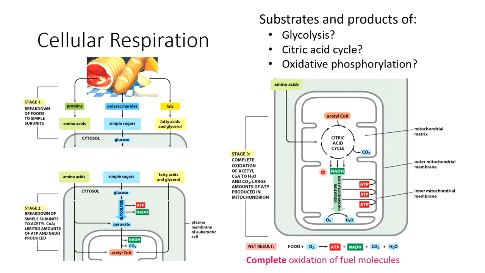NADH is one of those activated carriers that I just reviewed with you guys. The second part of stage 3 is oxidative phosphorylation. This is the process where NADH and other activated carriers help to produce lots of ATP through the electron transport chain and oxidative phosphorylation. I have a separate slide for that in a second.